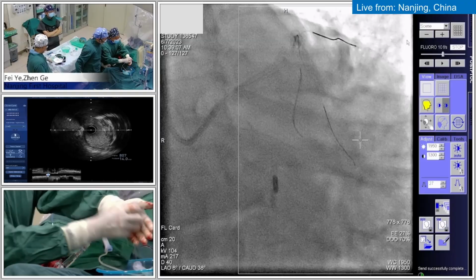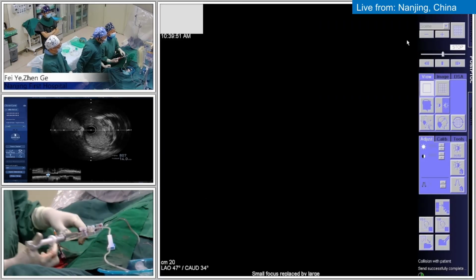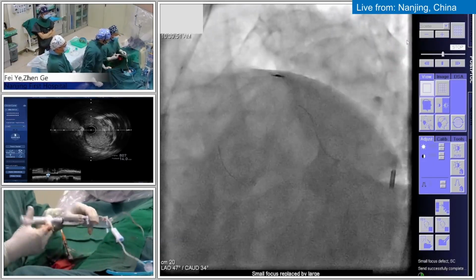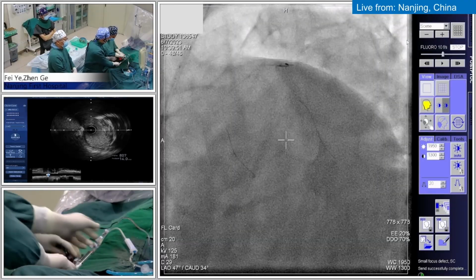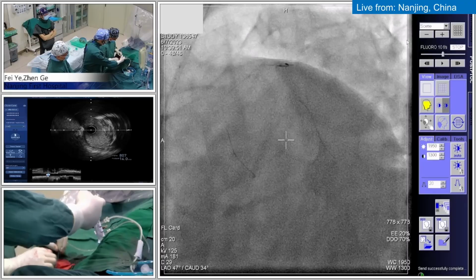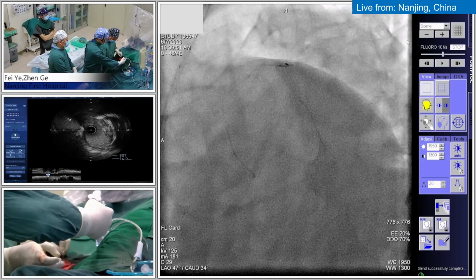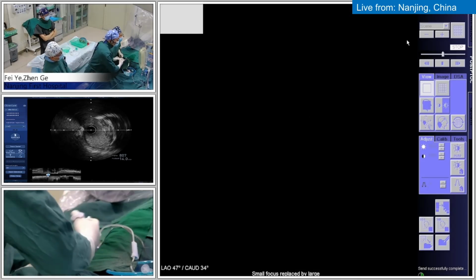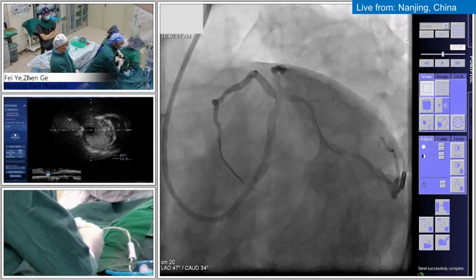For this case, because this is a distal left main trifurcation, I want to first use the 4.0 non-compliant balloon to do the POT of the distal left main, and then exchange the rewire into the ramus and circumflex.